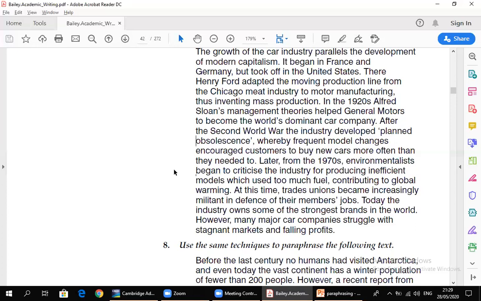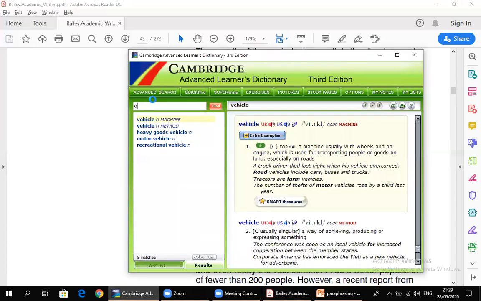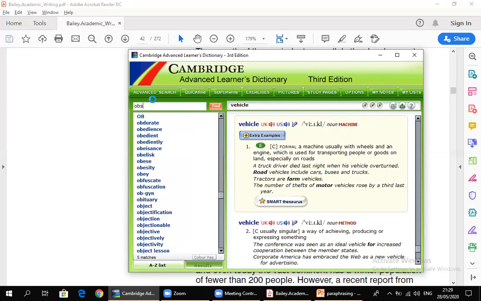What we can do, obsolescence? Obsolescence, okay, it's a system of, let me just search it. Yeah, we can use dictionaries, no problem. I'm actually using dictionaries all the time.